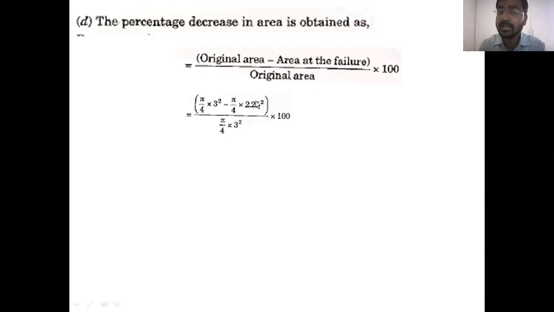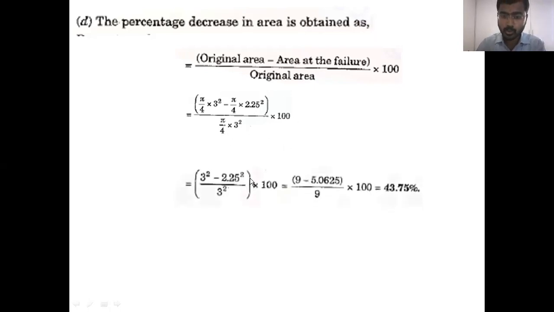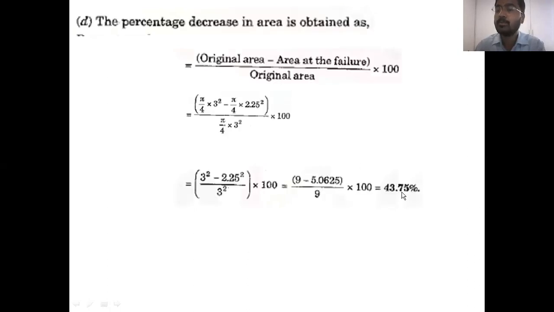So here, 3 square minus 2.25 square by 3 square into 100, the percentage decrease in the area is 43.75. So the total percentage change in its area was 43.75. Next class we'll go with one more problem.